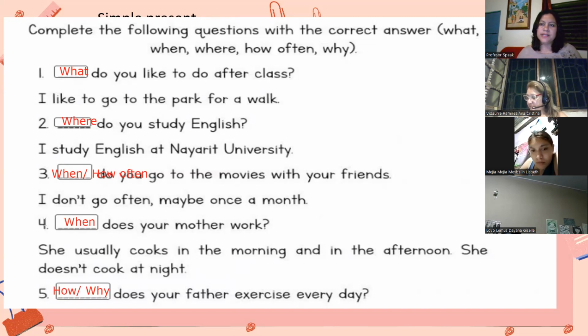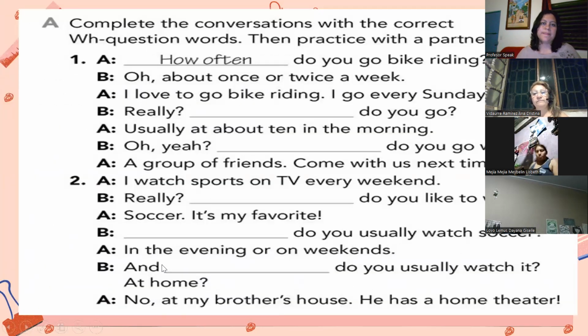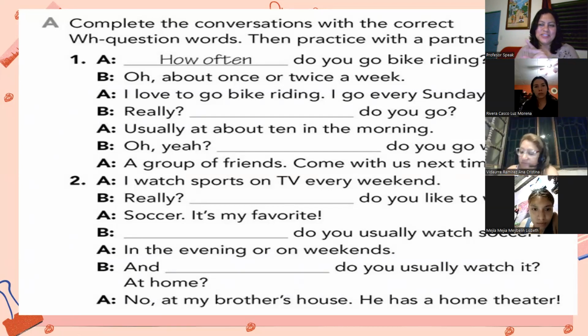Let me erase. I have another practice, but this is a little bit difficult. These are two conversations.